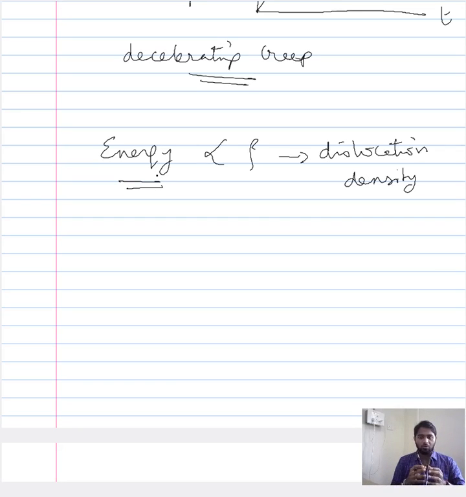If you translate the term plastic deformation to cold working, and the term dislocation density to the respective properties, then one way to decrease the dislocation density is to anneal it. When you anneal it, the dislocation density decreases and you are able to achieve the properties that you want.